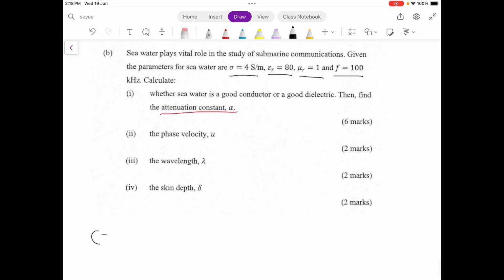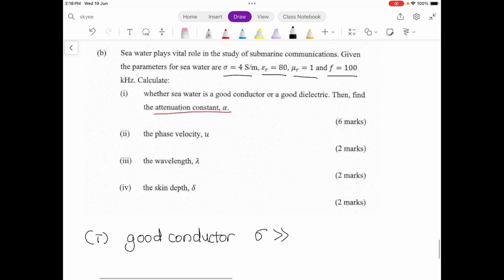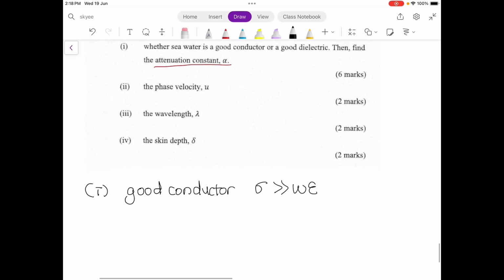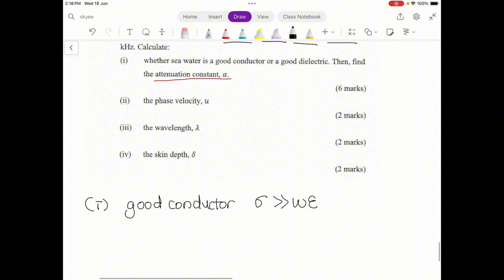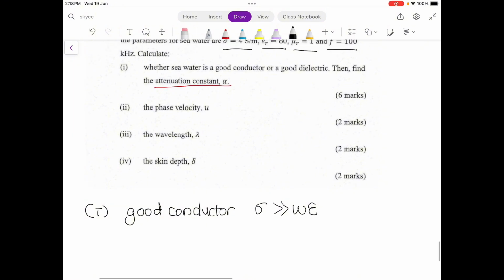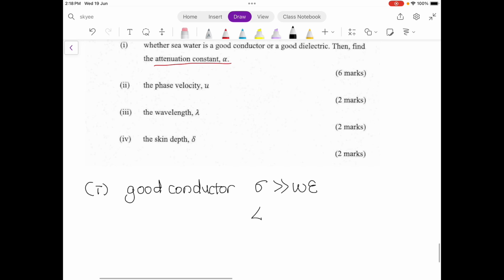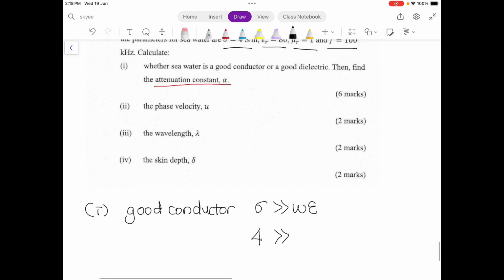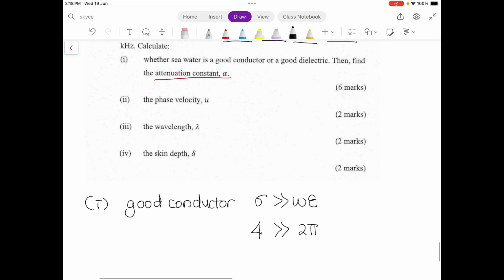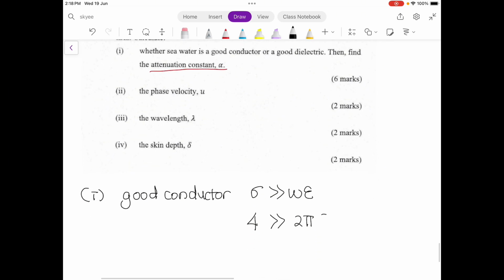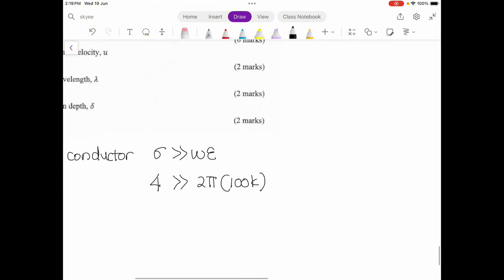For the first one, you can mention that a good conductor has the characteristic that sigma is greater than omega multiplied by epsilon. What is omega? The conductivity is 4. Omega is 2 pi f, and f is 100k. Epsilon is 80 multiplied by epsilon naught.